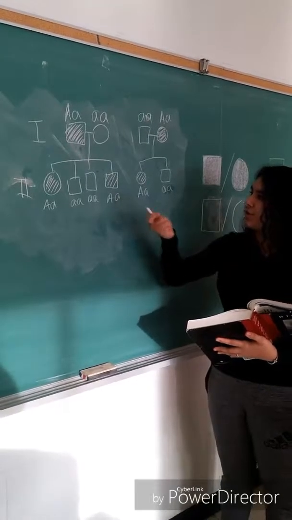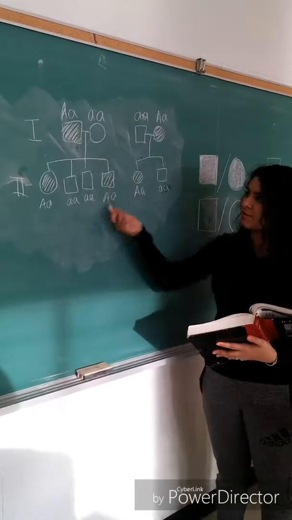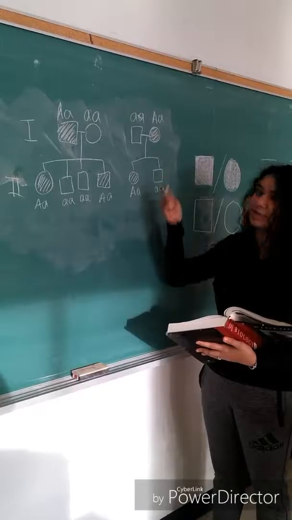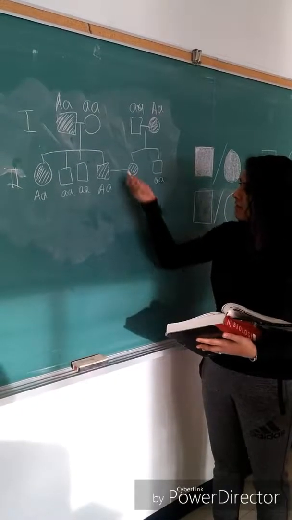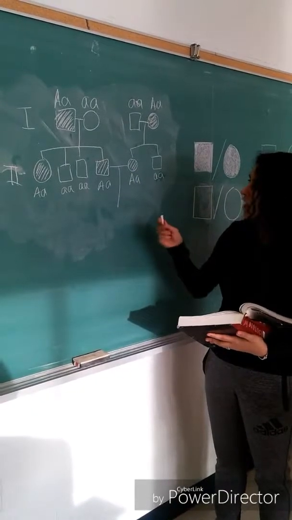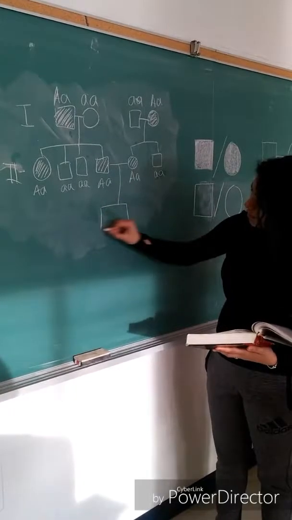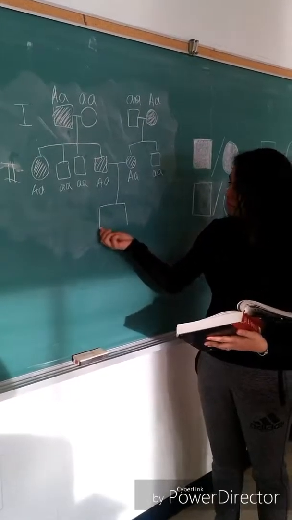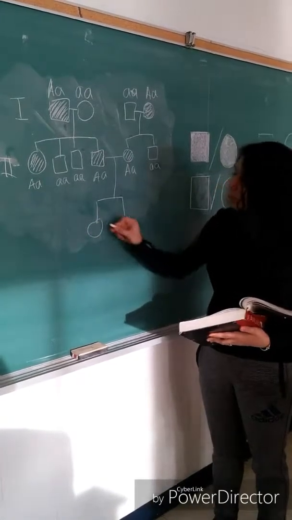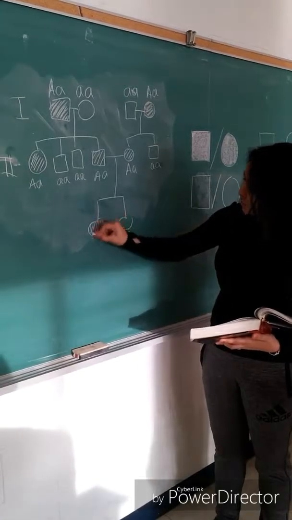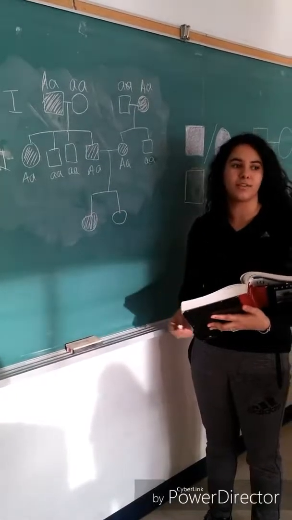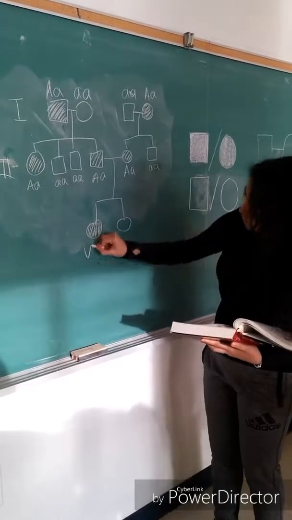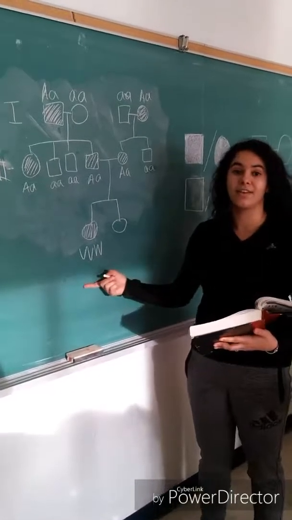Now if your affected male from the first family and affected female from your second family were to mate and produce offspring, and for example have 2 kids, which could both be females, only 1 would be affected with the widow's peak, while the other one would be unaffected.